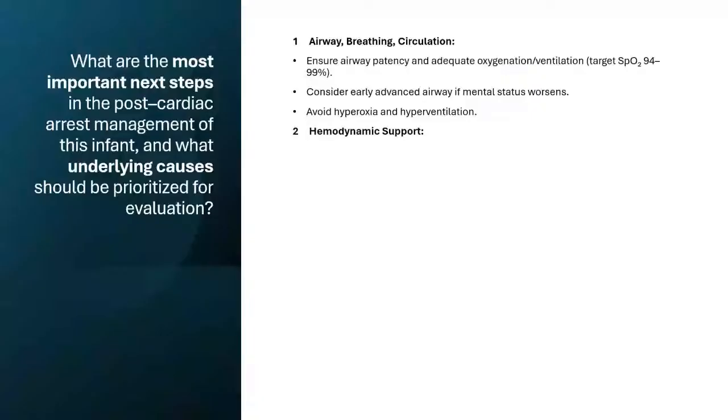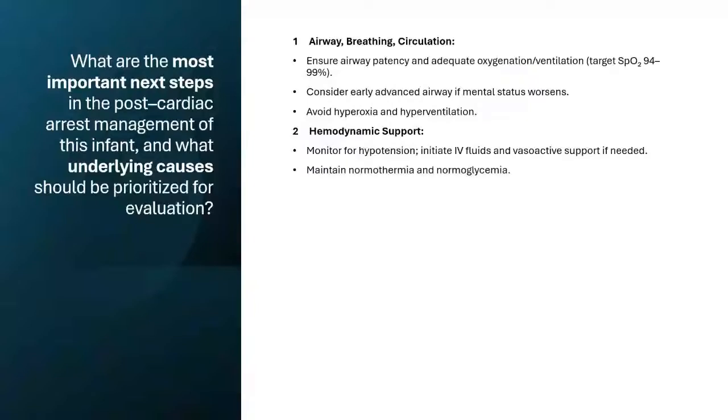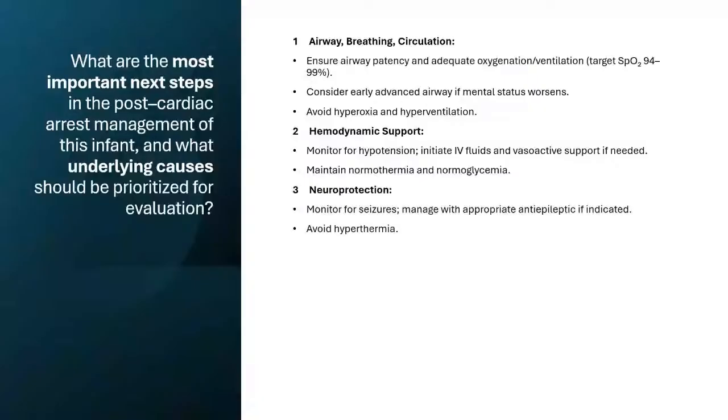For hemodynamic support, we're going to monitor for hypotension, initiate IV fluids and vasoactive support if necessary, and maintain normothermia and normoglycemia. For neuroprotection, monitor for seizures, manage with appropriate antiepileptics if indicated, and avoid hyperthermia. Then we'll identify and treat reversible H's and T's.